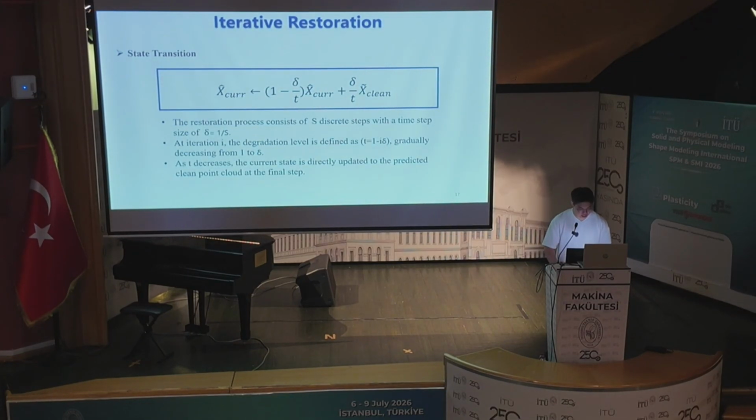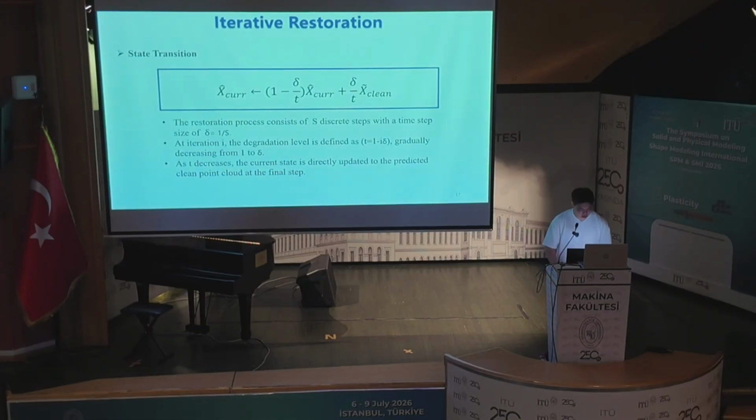The restoration process is divided into S discrete steps, and the step size is delta equals 1 over S. At iteration i, the degradation level is T equals 1 minus i times delta. So T gradually decreases from 1 to delta. At each step, the network predicts the clean point cloud from the current estimate.